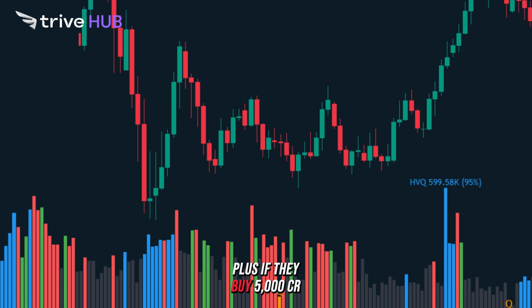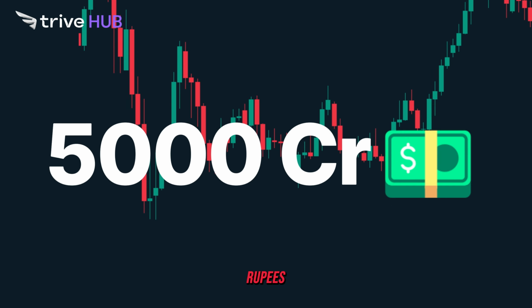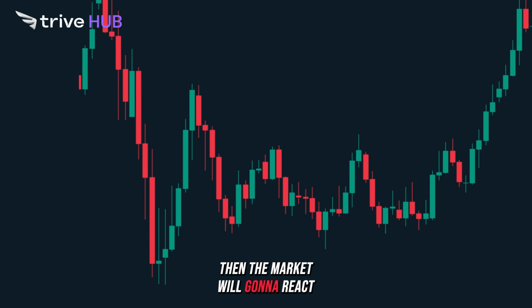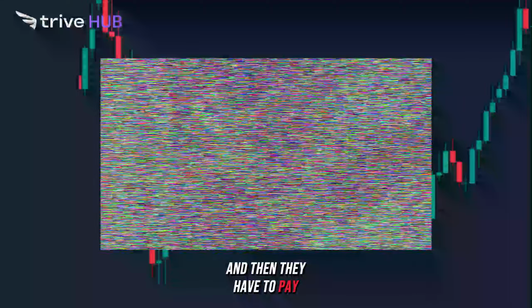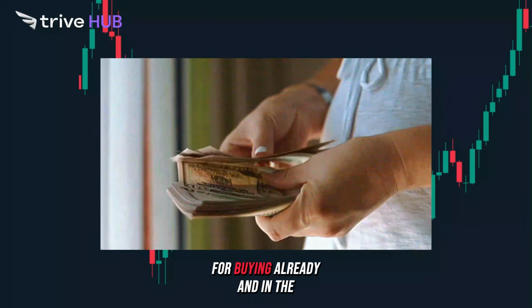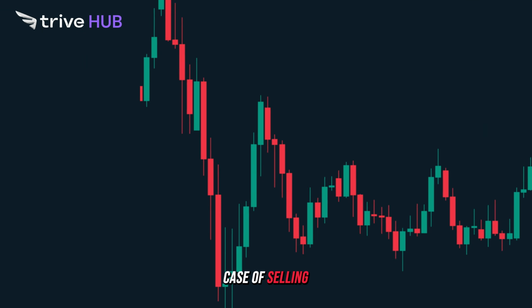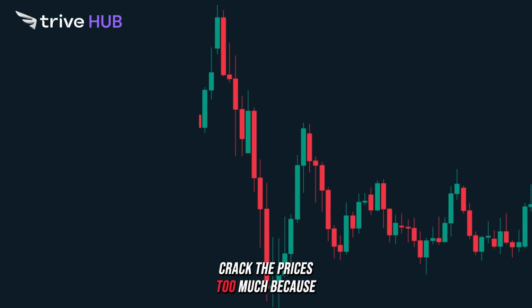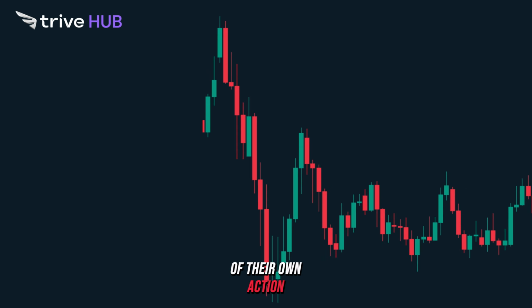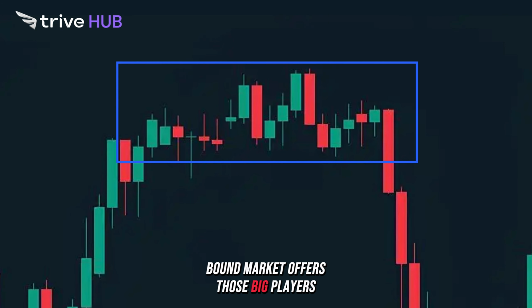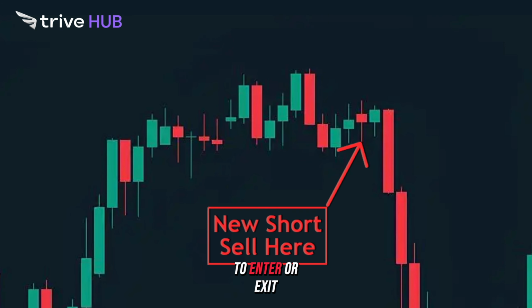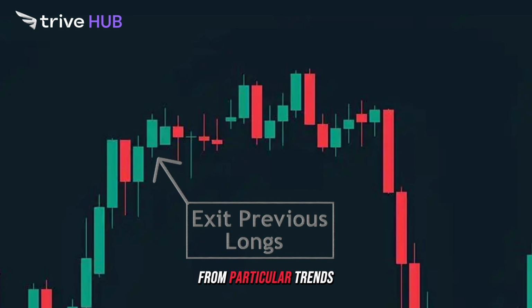Plus, if they buy for 5,000 crores rupees, the market will react very significantly, and their own buying can trigger massive moves, and then they have to pay a higher price. In the case of selling also, they crack the prices too much because of their own action. So that is why a range bound market allows those big players to enter or exit from particular trends.